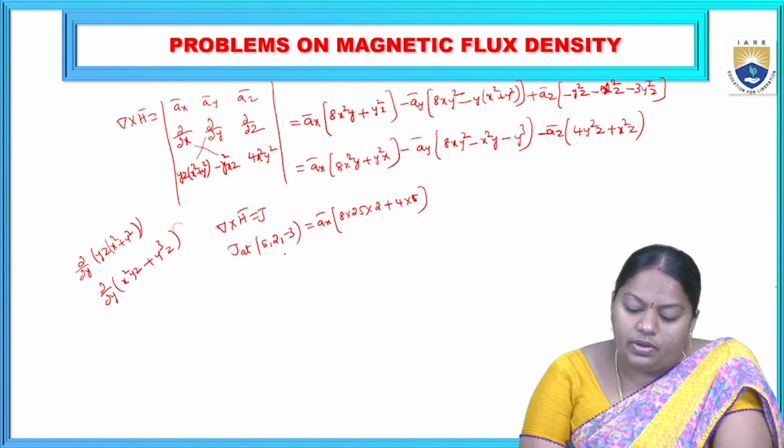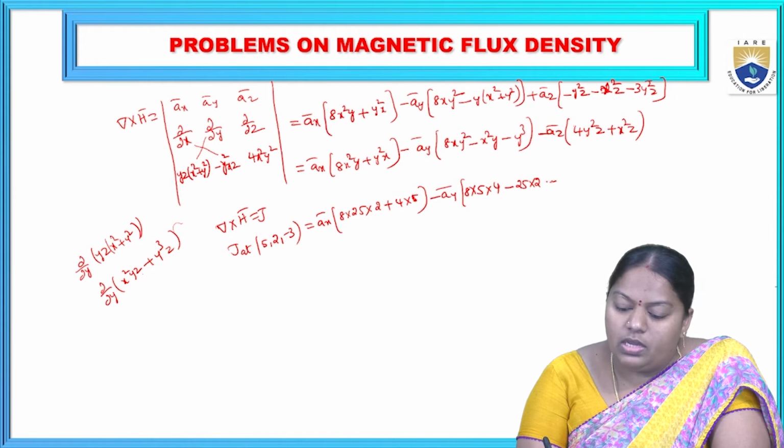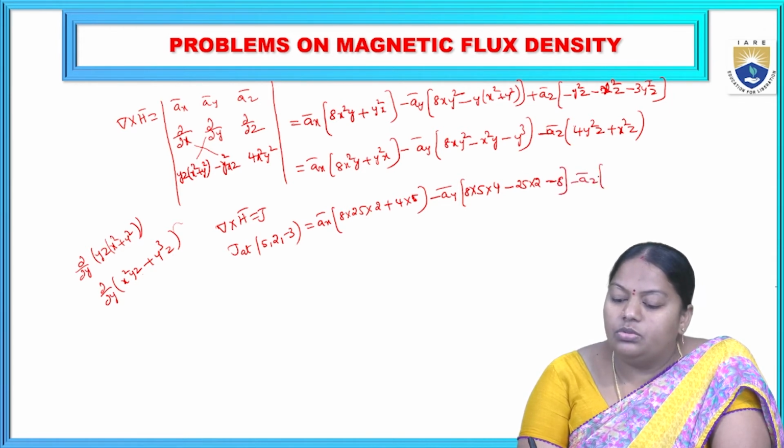then minus ay into 8x, 8 into x value is 5 and y² is 4, then minus x²y, 25 into y value is 2, then minus y³ means 8, minus az into 4y²z value.